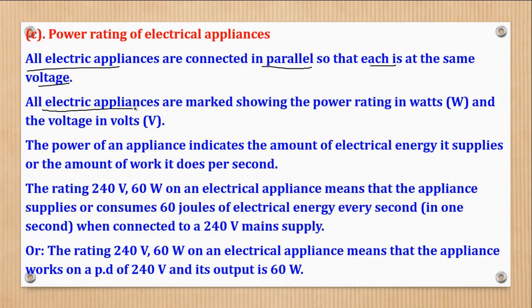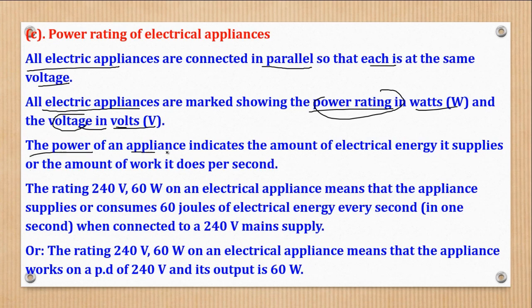And also all electrical appliances are marked showing the power rating in watts and the voltage in volts. So all electrical appliances will always have these power ratings in watts and voltages in volts.